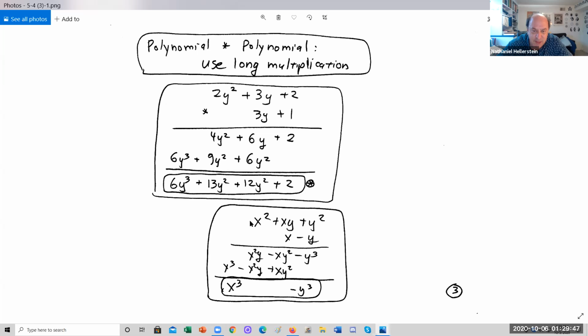Y times this should be a minus xy squared. Lots of errors in this. I'm very sorry. And x times this is xy squared. X times this should be a plus x squared y. This times this is x cubed. After a bunch of adding, you get x cubed minus y cubed. Right answer, but some mistakes here and here. Here and here specifically.